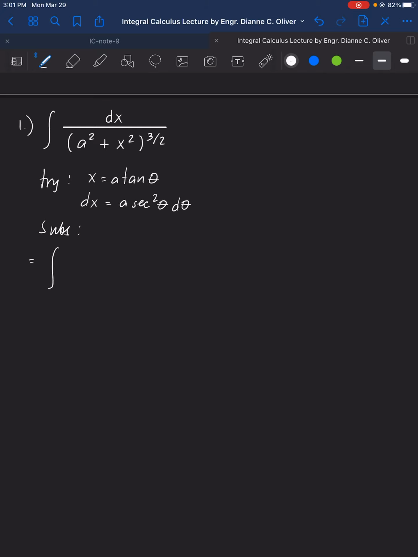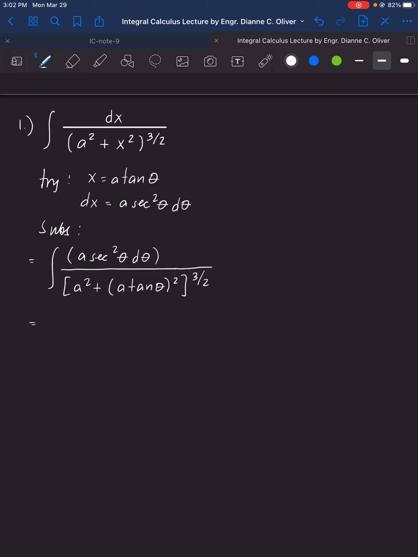We have the integral of, for dx, a secant squared theta d theta, over a squared plus x, which is a tangent theta, squared, raised to the power of 3 halves.